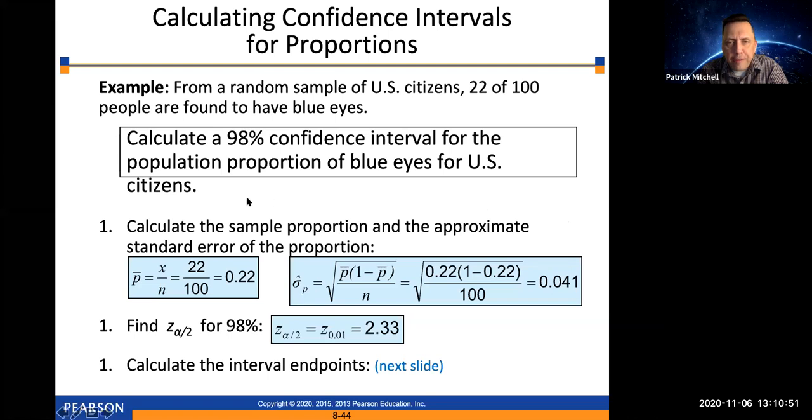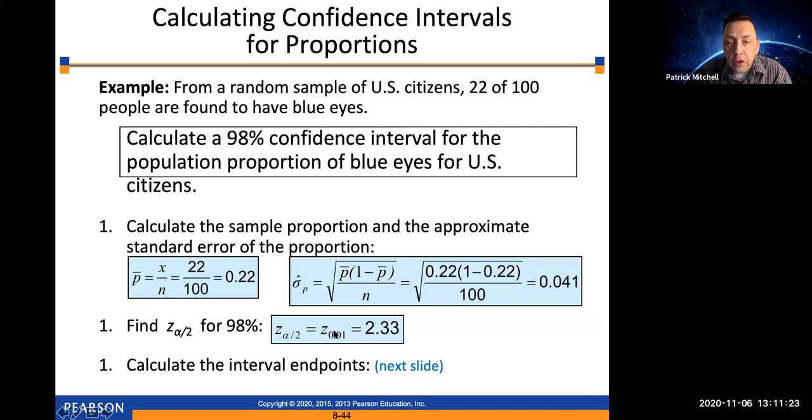So what we just did is we calculated the sample proportion and the approximate standard error of the proportion. The next step is to find the critical values, z sub alpha over 2, for a 98% confidence interval. I believe from section 8.2 that you have a chart that lists the critical values for various confidence levels.